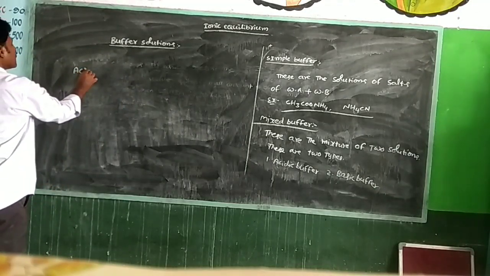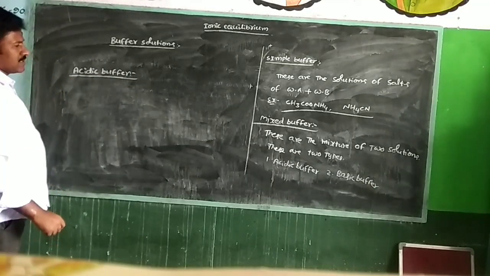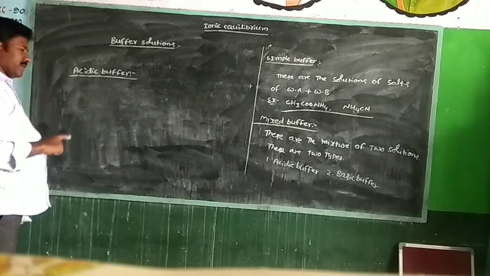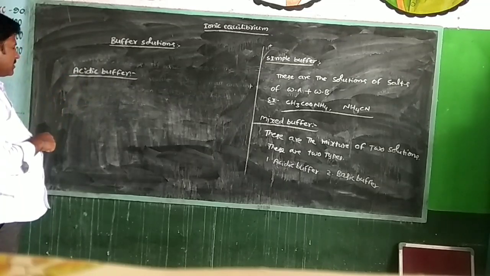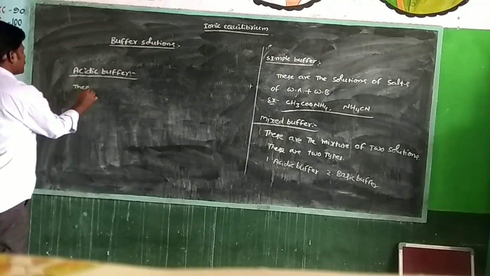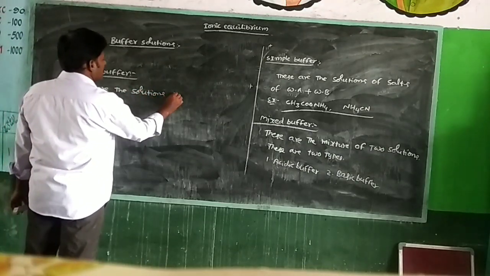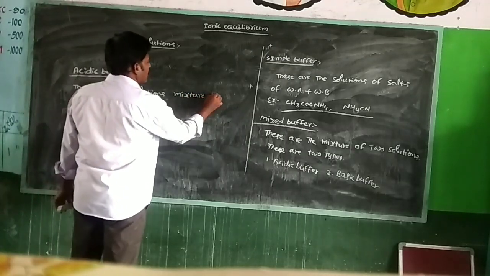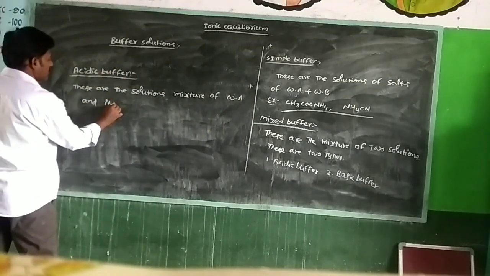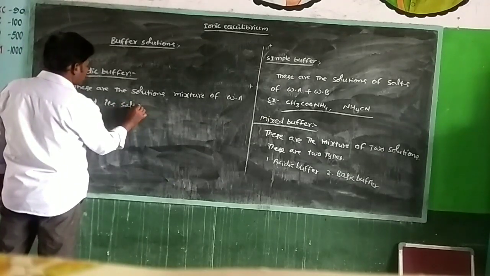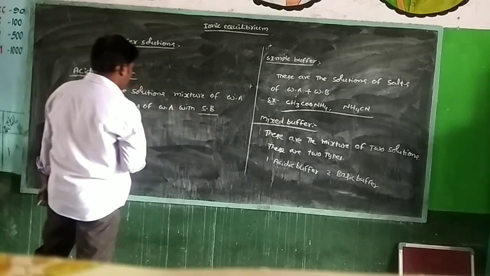Acidic buffer means these are the solutions, a mixture of weak acid and its salt of weak acid with strong base.